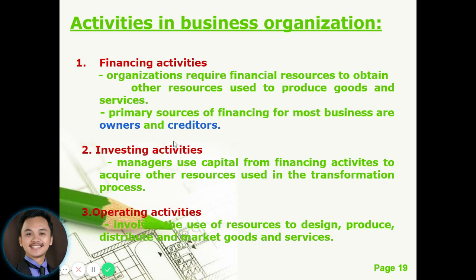The two types of finances are internal and external finances. If the source of financing is the owner, then that is termed internal financing. But if the source is external, meaning creditors, then that means external financing.